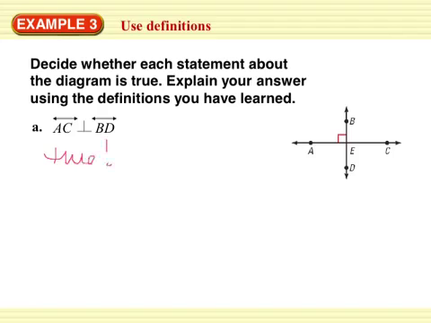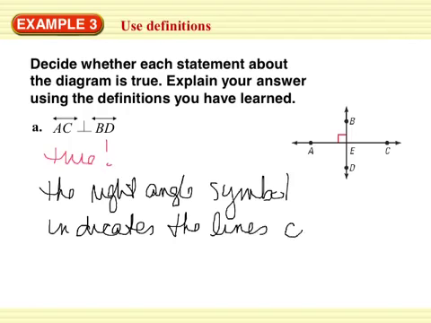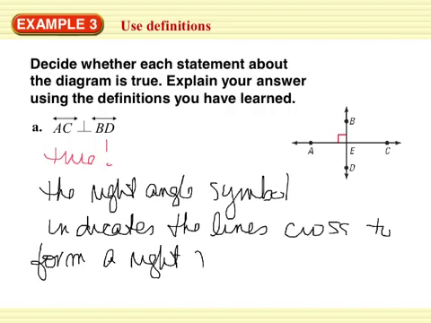Okay, we know that because the right angle symbol indicates the lines cross to form a right angle. Therefore, perpendicular.